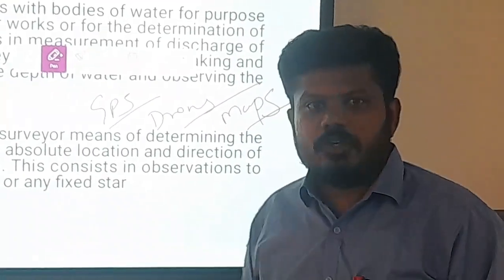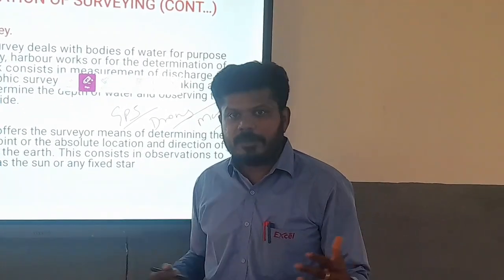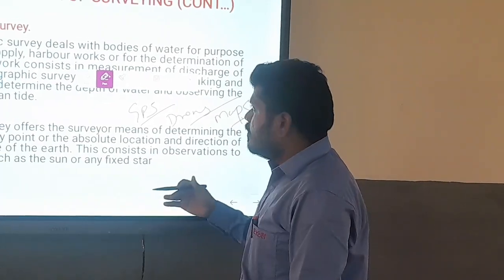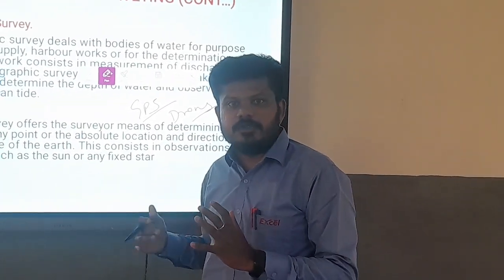These are the surveys we are technically using now for measuring large areas which may cross more than 10 acres, or 10 to 15 acres. So based upon these three categories, surveying is divided by the uses of land.